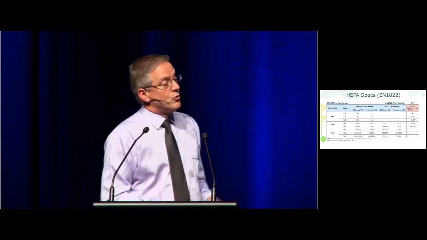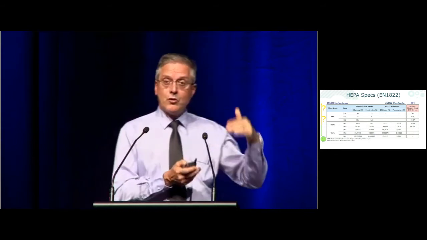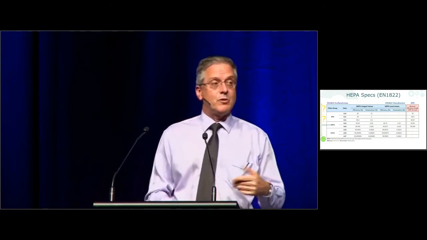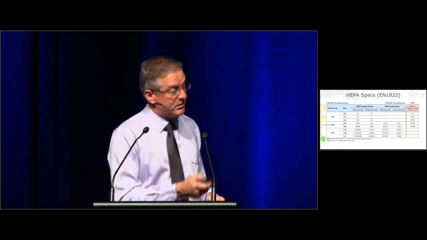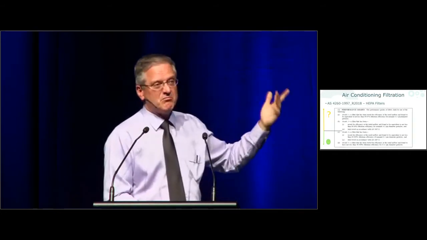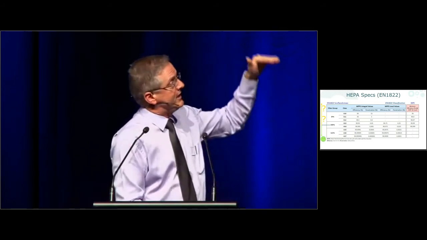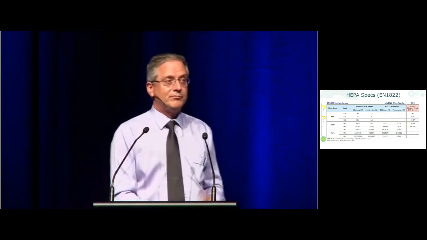And if you look at the European standard, which is what a lot of standard filters now are rated on, you'll hear people talking about HEPA H13, H14, whereas the Australian standard has grades, which means the same thing. Your HEPA filter arguably should be H14 if you're going to meet that standard. H13 is just maybe not quite good enough. But that's going to be the tag that you're looking for on your vacuum cleaner.